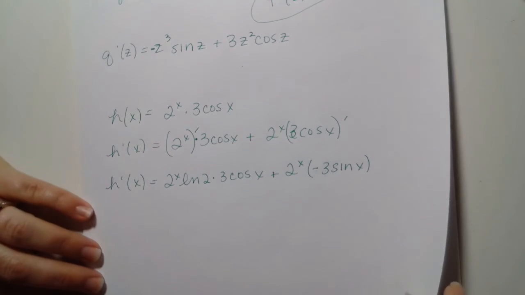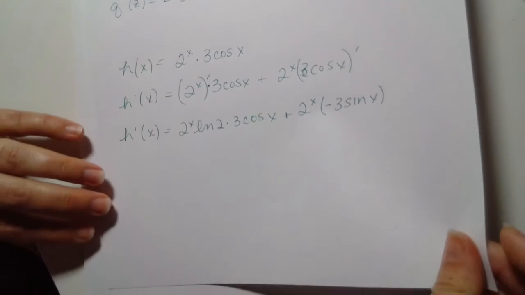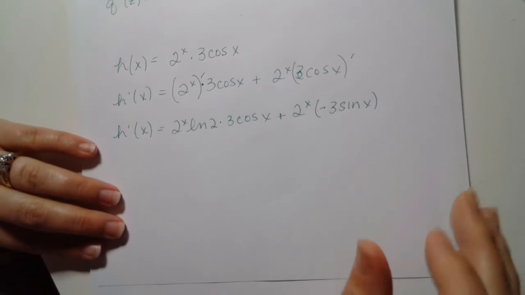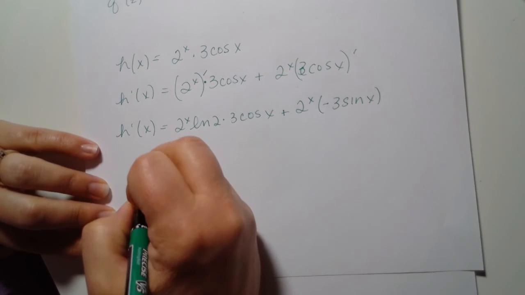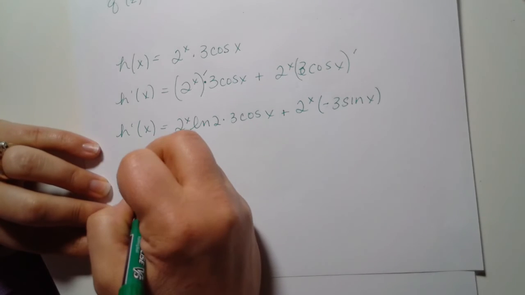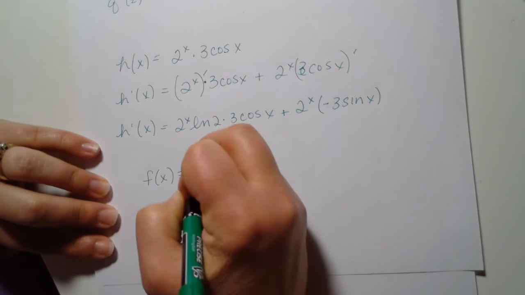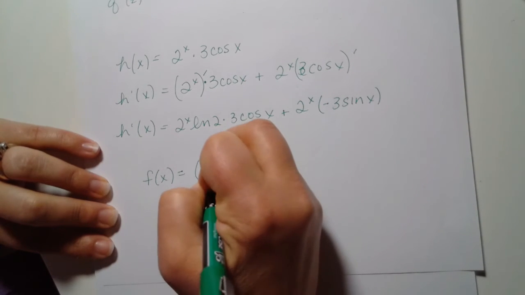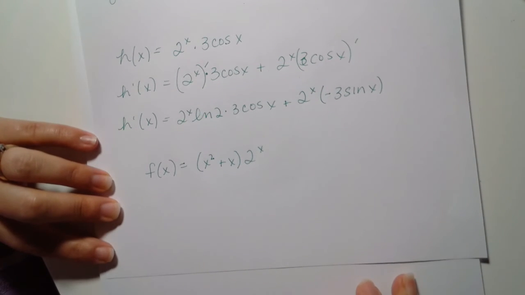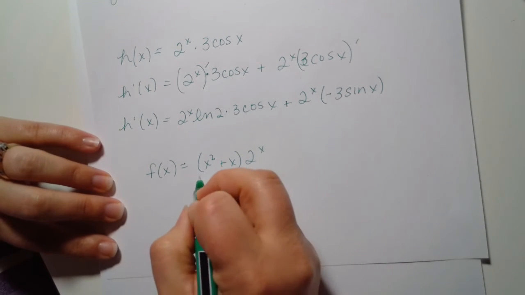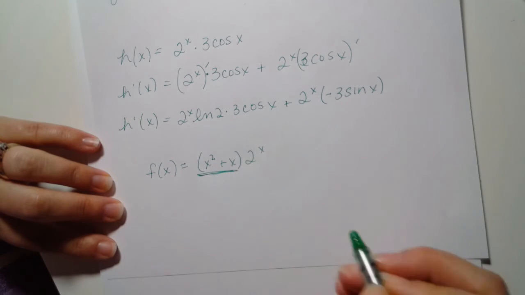So what if I have, let's say I have my f of x is equal to x squared plus x times 2 to the x. Okay, so I'm going to say that this is one of my functions, right, because it's multiplication, and this is the other one.